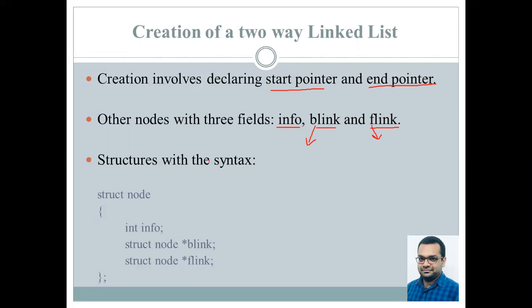So the structure declaration is modified. We have chosen to call this structure struct node. Now it contains the information part and two node pointers, struct node *B link and struct node *F link. This is the complete structure declaration.